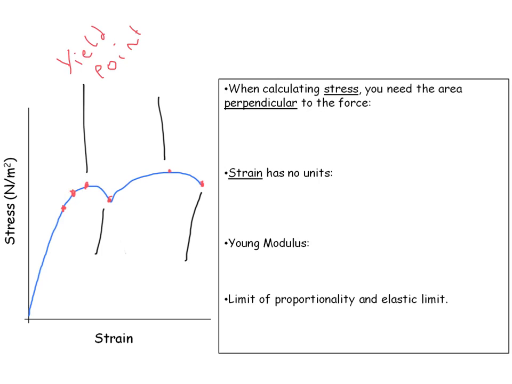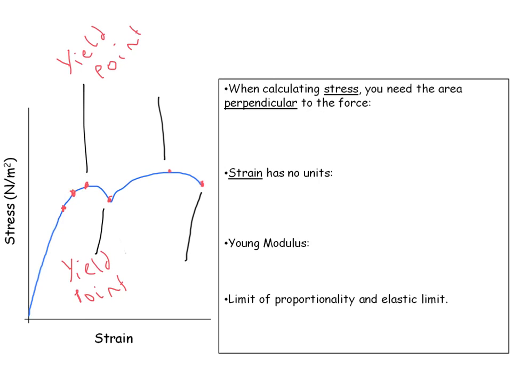Then you see the drop off at that point there, and you actually have a second yield point down here. When you reach the bottom here and it starts to go back up again, that's another yield point. So it's key to know that both of those things are yield points.